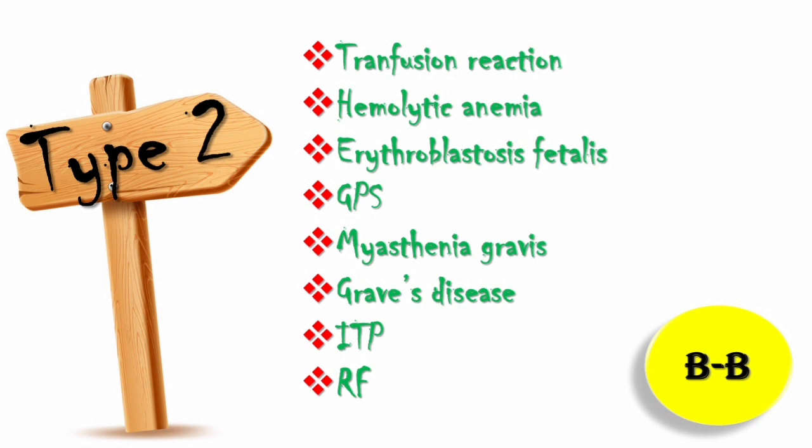So if you find type 5 in the options, you have to go for type 5. If you can't find type 5 in the options, you have to opt for type 2 in case of Graves' disease. Next comes ITP, which is idiopathic thrombocytopenic purpura, and rheumatic fever.